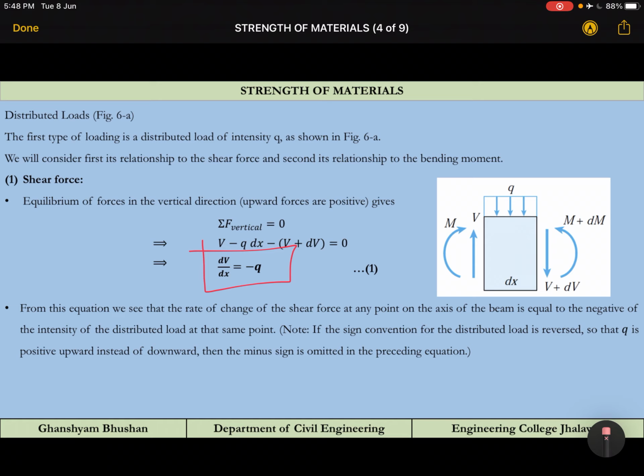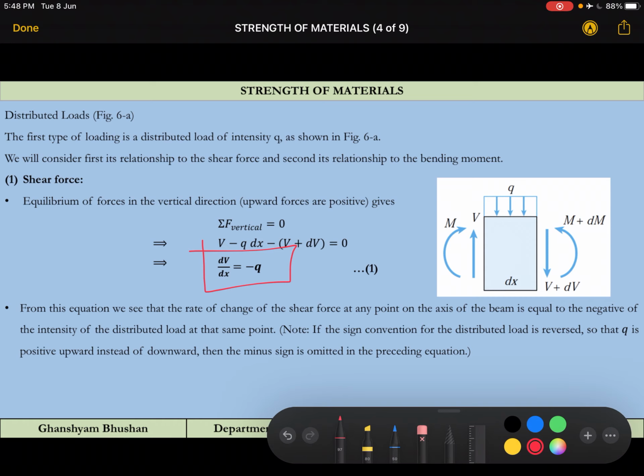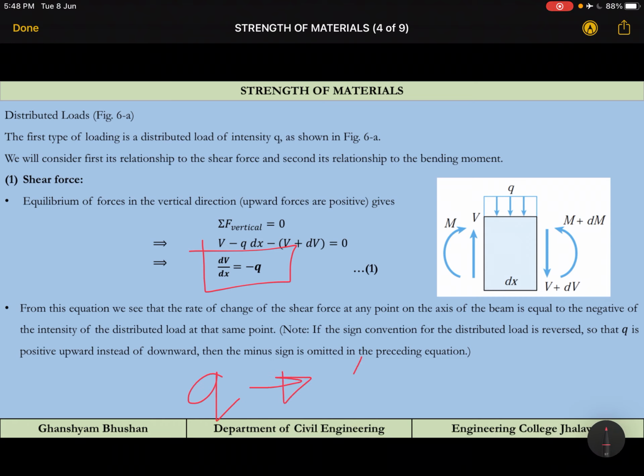What we can infer from here: if Q is linear, then dV by dx means we have to reduce one degree, so it will be 0, that is constant, a flat line. If Q is 2 degree, dV by dx will become 1 degree, that means linear. Whatever the loading diagram, the shear force will be one degree ahead.